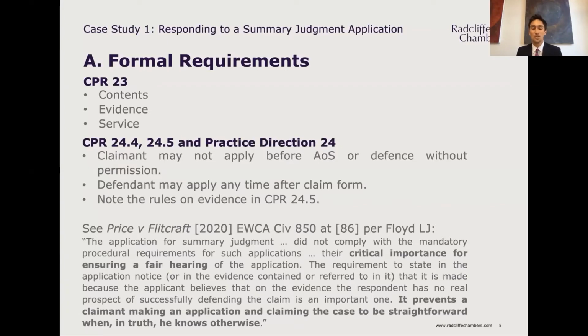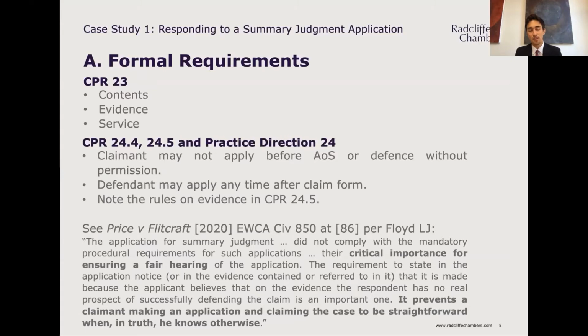Now, as with all interim applications, the general provisions of CPR Part 23 apply by default to the extent that the rules in Part 24 don't displace them.